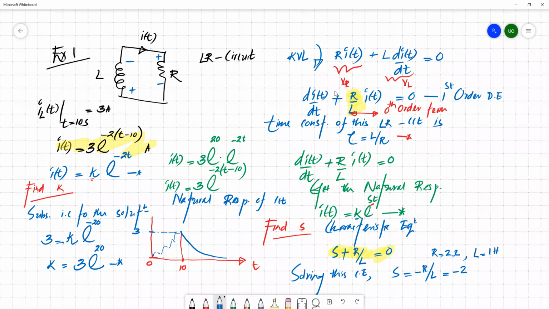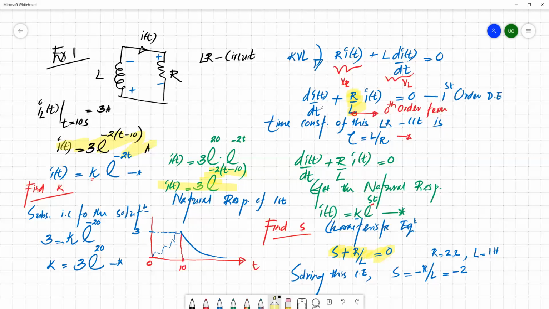Okay. So now the solution for this exercise 1 is this. We proved that the natural response varies like this: 3 e to the power minus 2 times t minus 10, and the response is something like that. So you can precisely explain the behavior from 10 seconds onward. We don't know anything about the previous situation, so you can keep that part as blank.